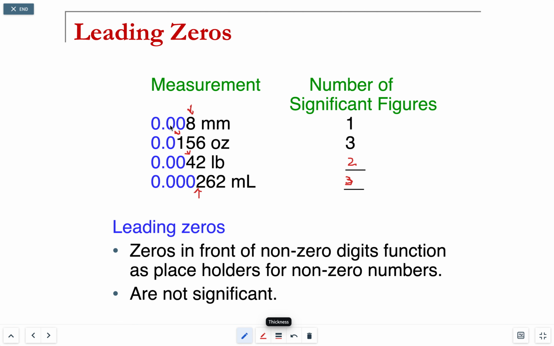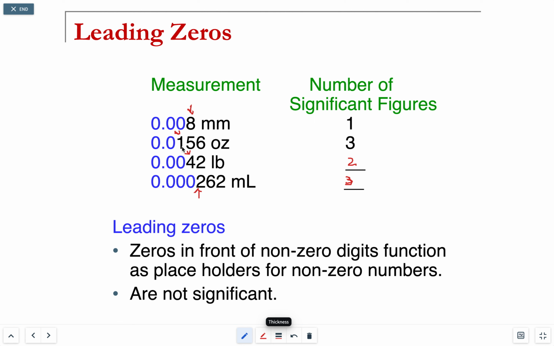Now, let's talk about what these zeros are doing between the first number that's not 0 and the decimal point. All these zeros are doing is acting as what we call a placeholder for the decimal point. Where is it relative to this number? It's placing the 8 in the thousandths place here, it's placing the 1 in the hundredths place.